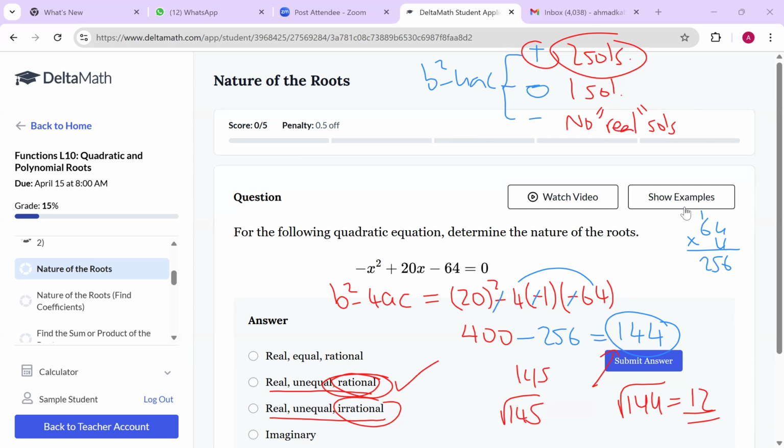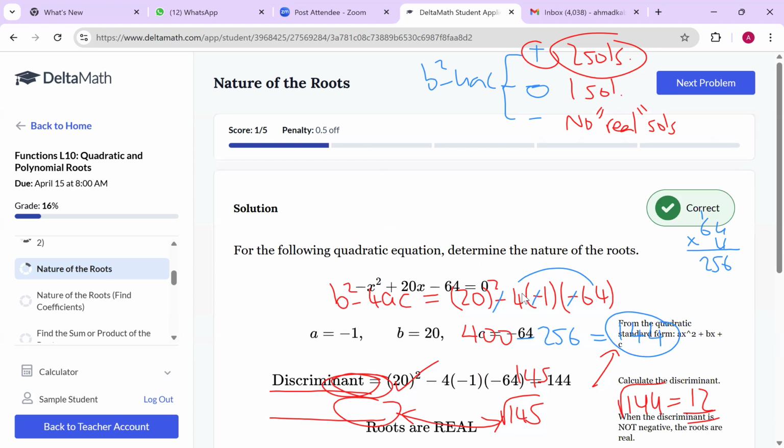So this would have been irrational. 146, 147, all of these would have been irrational. But 144 is the square of 12. So the answer is real, unequal, and rational. Of course, equal means that you have 0 for the discriminant. Imaginary means that you have negative for the discriminant.